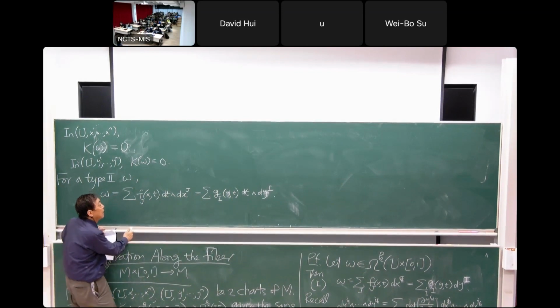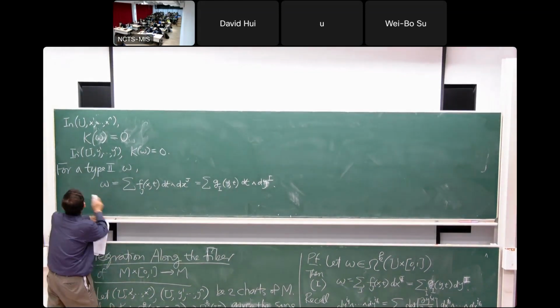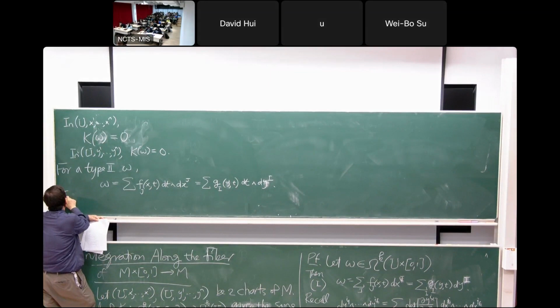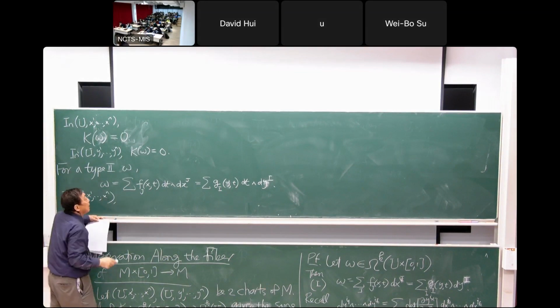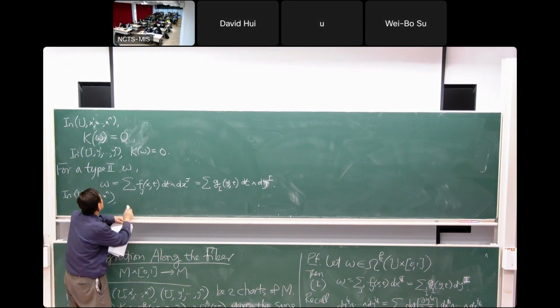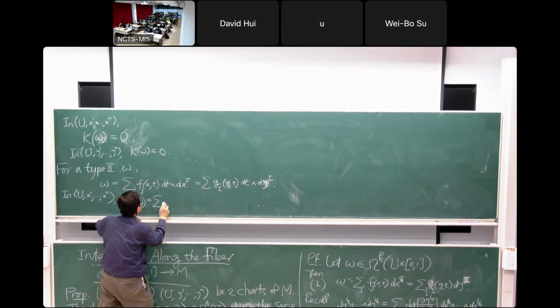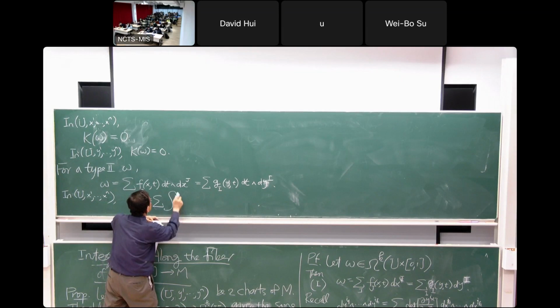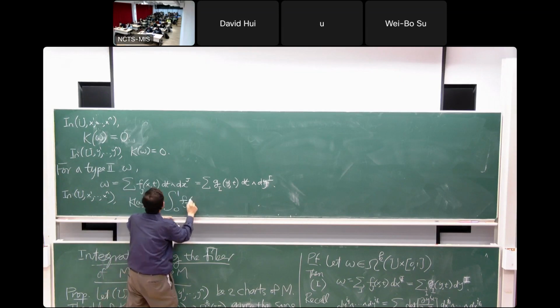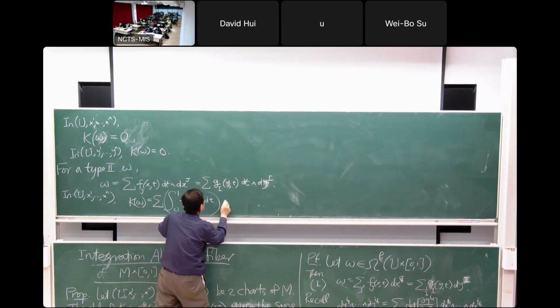And so now let's check in the x-coordinate system, K omega is the sum of the integral from 0 to 1 of f_j(x,t) dt times dxj.